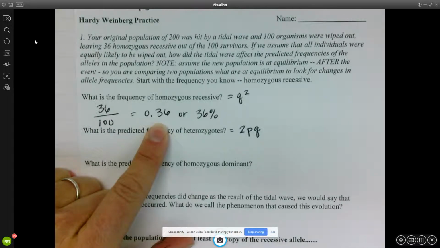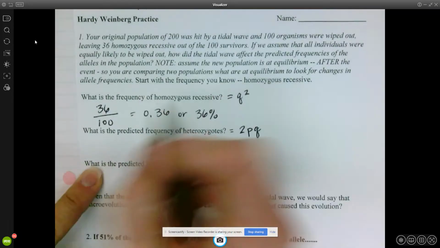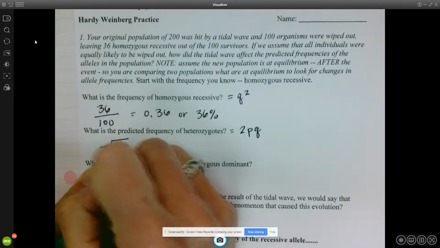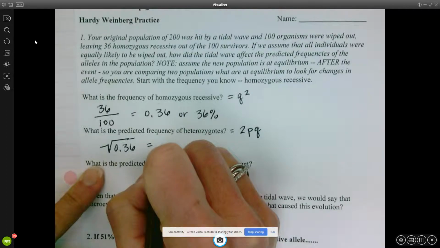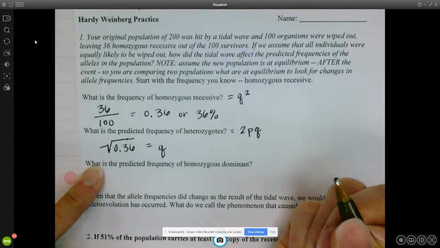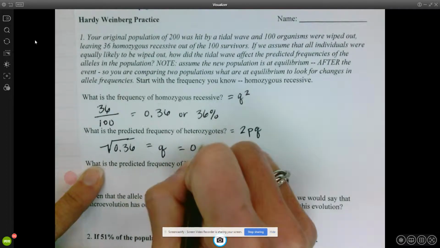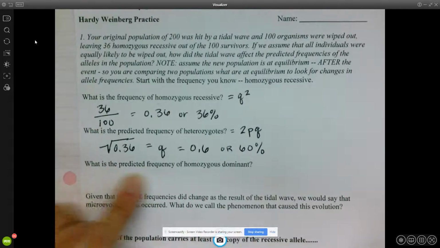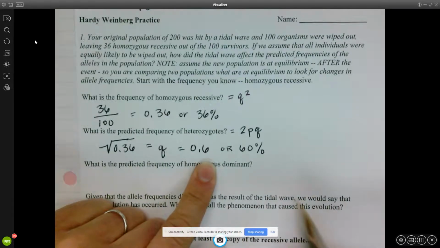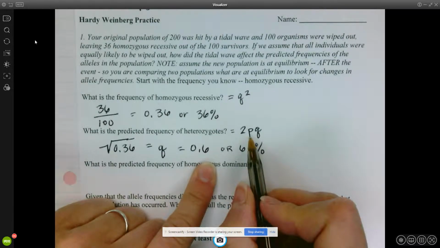If you take the square root, I believe it's 0.6, equals q, equals 0.6, or you can say 60% for q. We're not there yet, so we have to keep going.